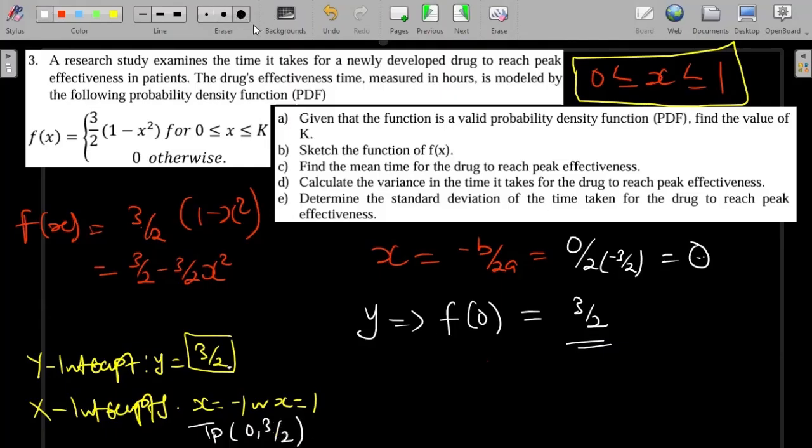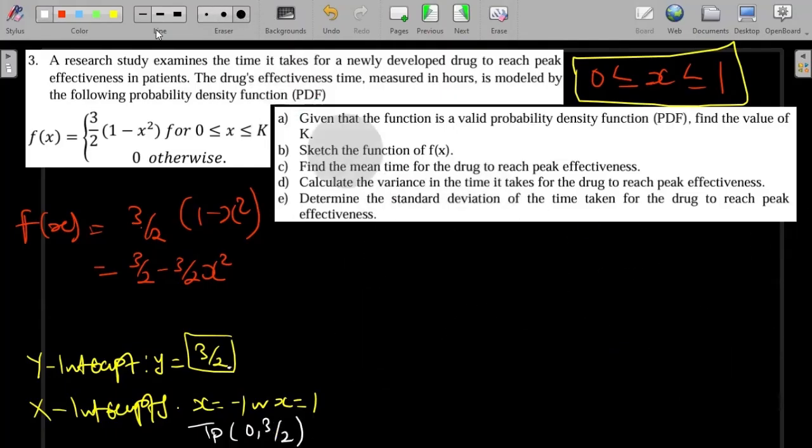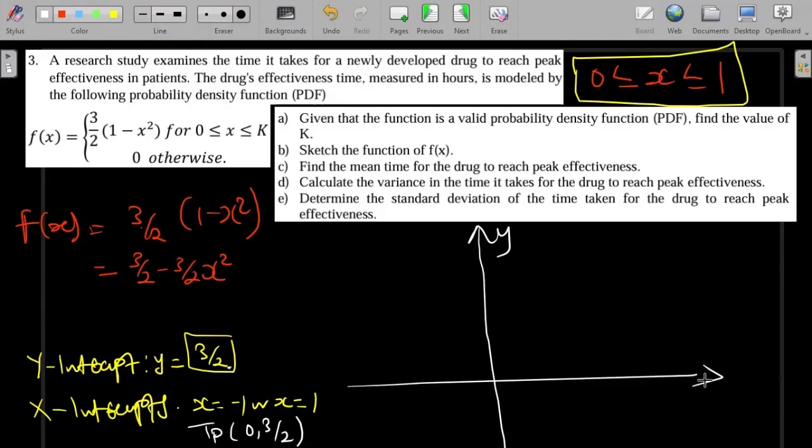Right, and then from there now we can sketch this function. Okay, so let's write our y-axis here. And then we can put our x-axis there. So remember, we are drawing this curve in this range. Okay, so if I have 0 there, 1 can be somewhere there, minus 1.